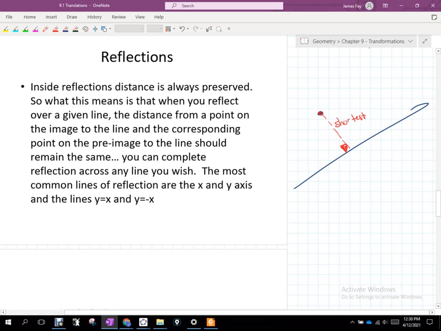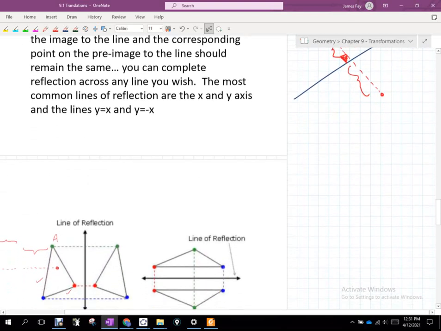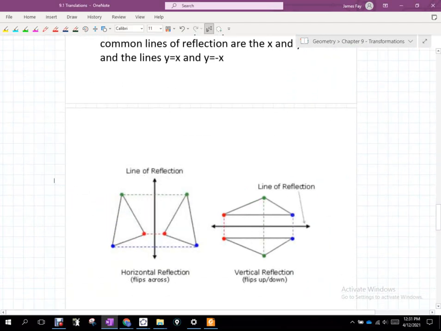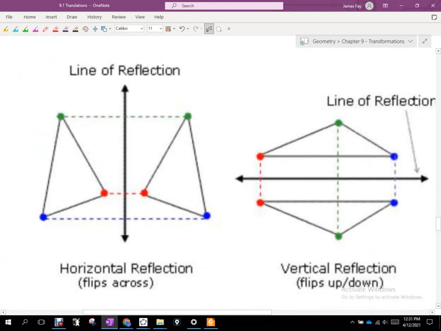So that's what's going to happen when we do a reflection. This distance here, when I do a reflection, has to be the same as that distance there, if I'm reflecting that point. If I can do that with one point, I then do it with many points and connect them, and I've got my reflection. Down here is what we call a horizontal reflection.